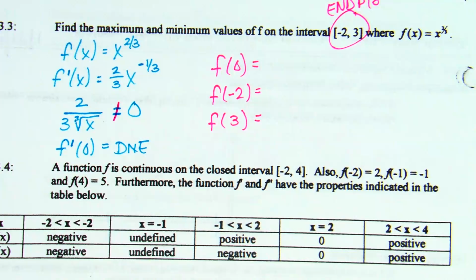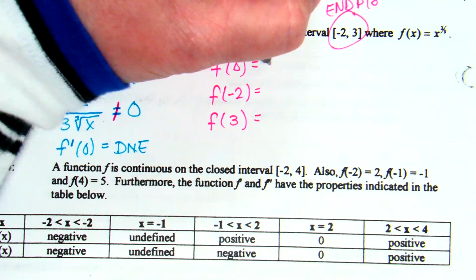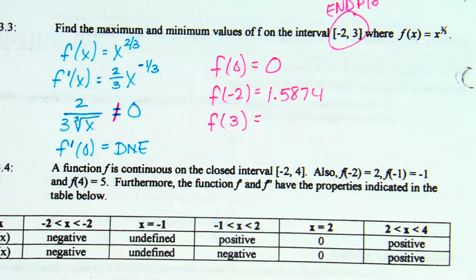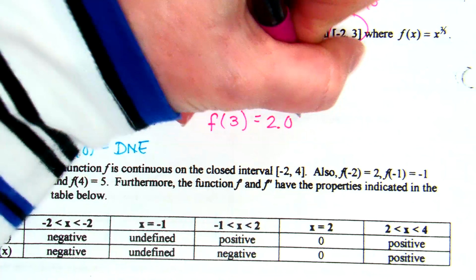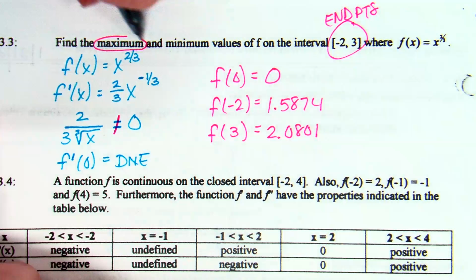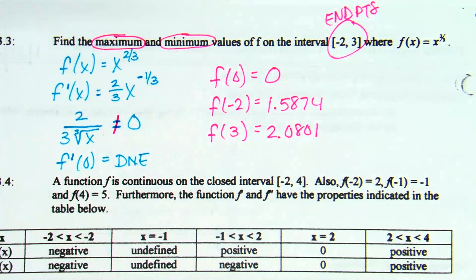If you put 0 into the original problem, 0 to the 2/3 is 0. I have decimals written down, so I must have used my calculator. If I put in negative 2 to the 2/3, 1.5874. If I put in 3, 2.0801. What was my question? Max and min values.